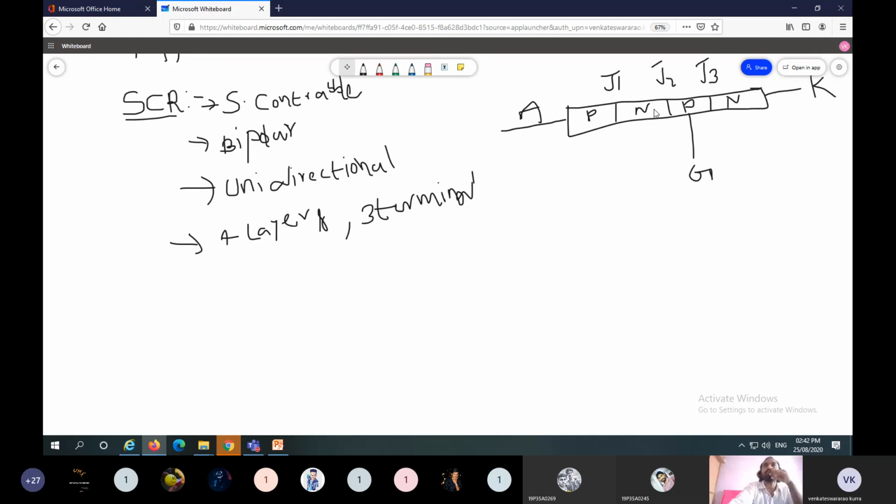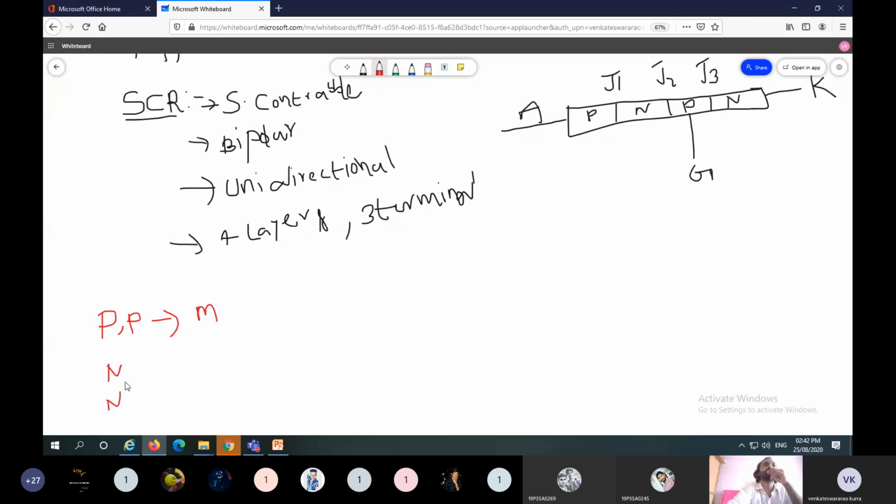Next, coming to doping. So here we have 4 layers, 2 P layers and 2 N layers. Both P layers are moderately doped regions. And the remaining N layers, here we have 2 N layers.